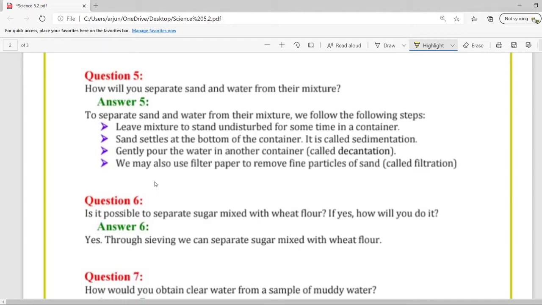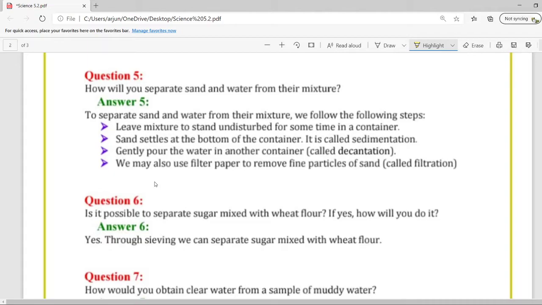Question number 5. How will you separate sand and water from the mixture? To separate sand and water from their mixture, we follow these steps. Leave the mixture of sand and water undisturbed for some time in a container. What will happen after giving that time?